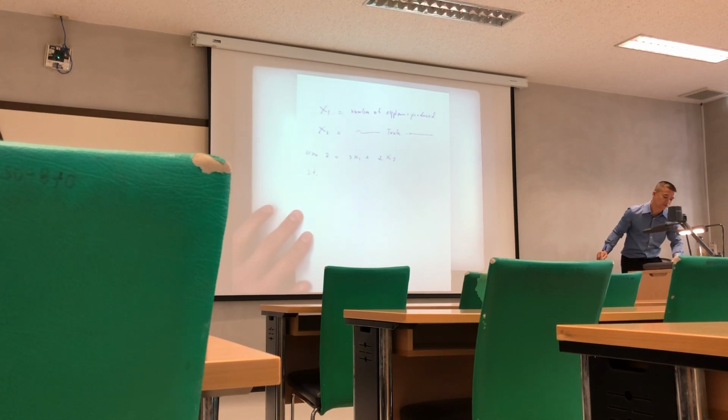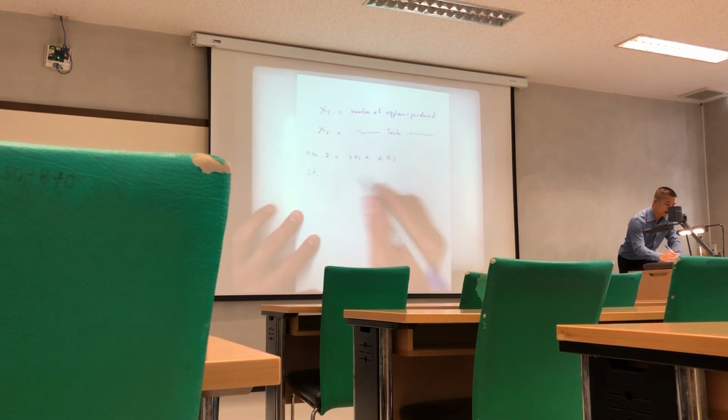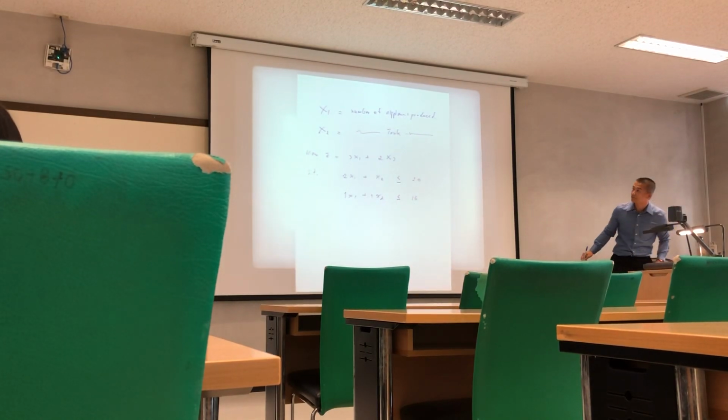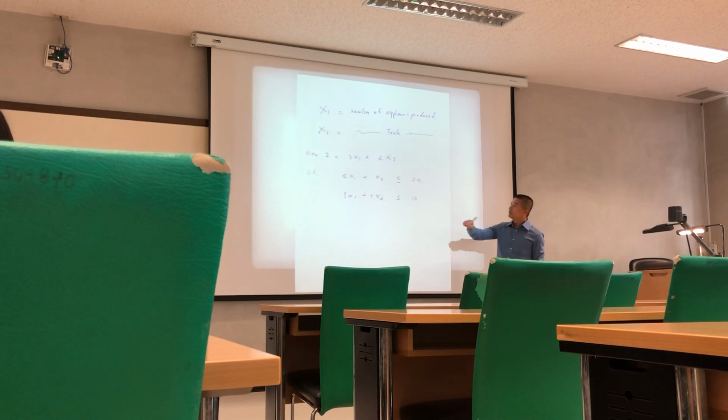To produce one airplane is two long ones and one short one, right? So we have 20 pieces of the long brick, right?